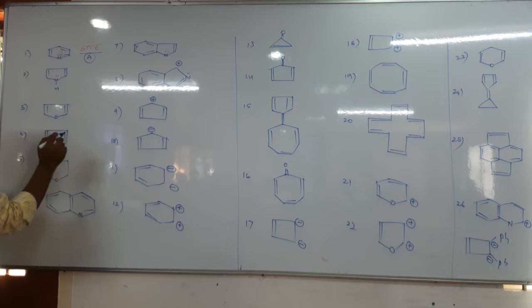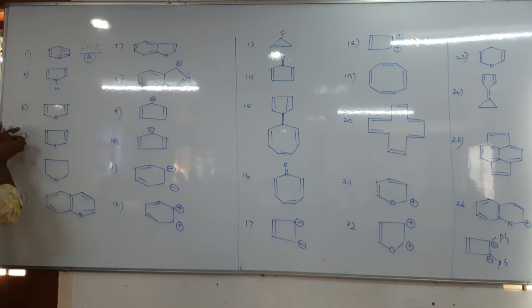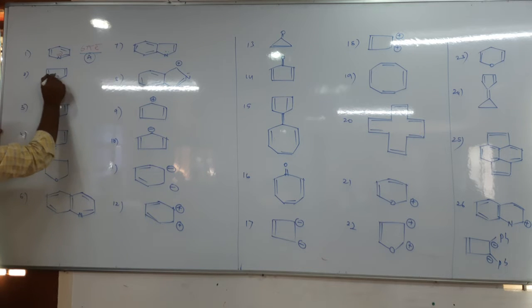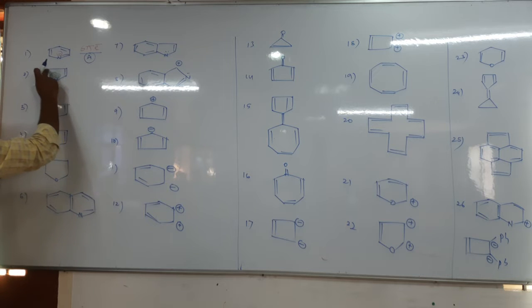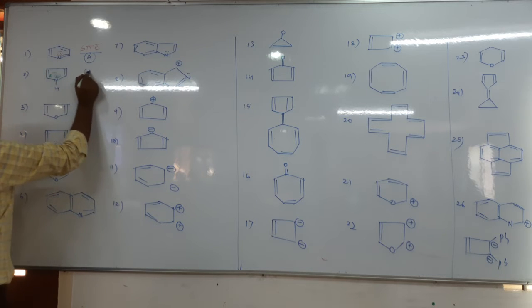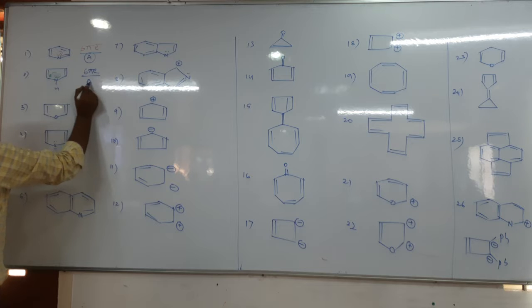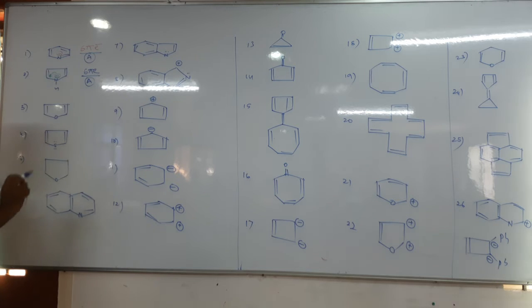Next, second one. Now what about this lone pair? There is one lone pair, but this lone pair is involved in resonance. If it is involved in resonance, how many pi electrons? 2, 4, it is 2, so there are 6 pi electrons in total. Now tell me, what is the difference between pyridine and pyrrole?